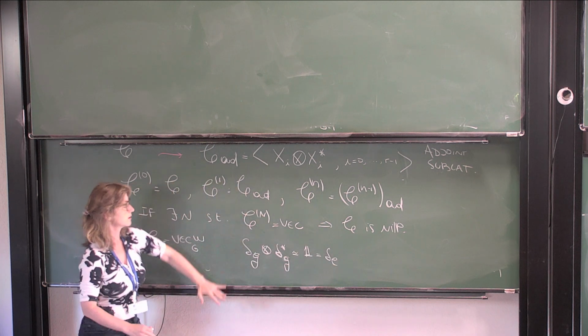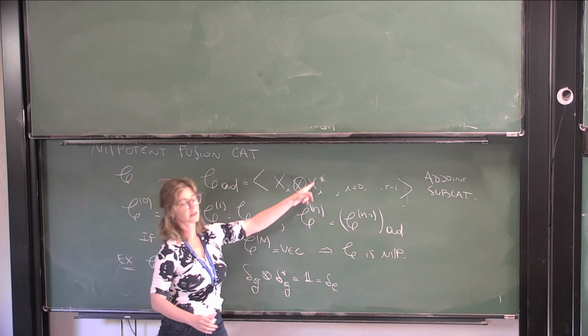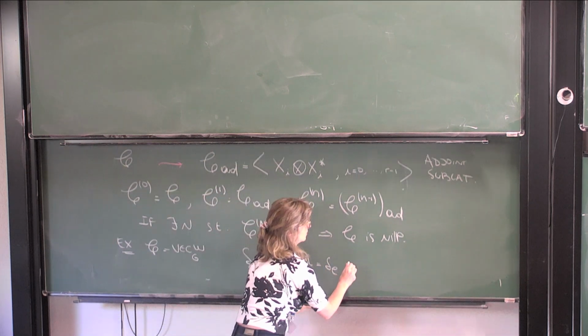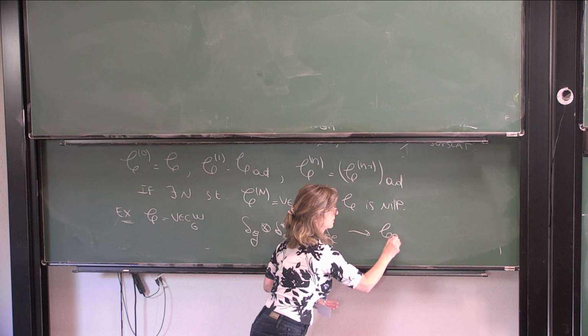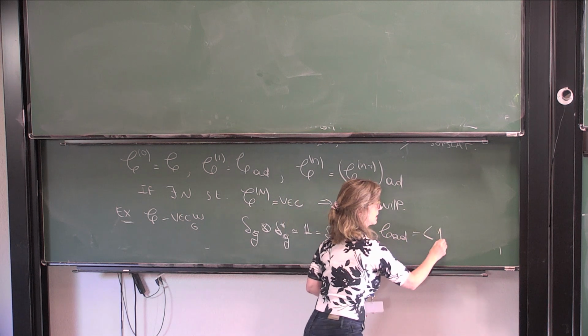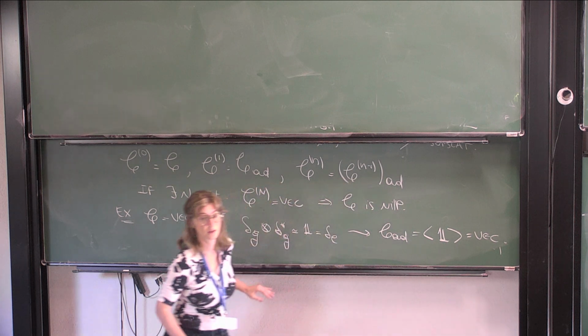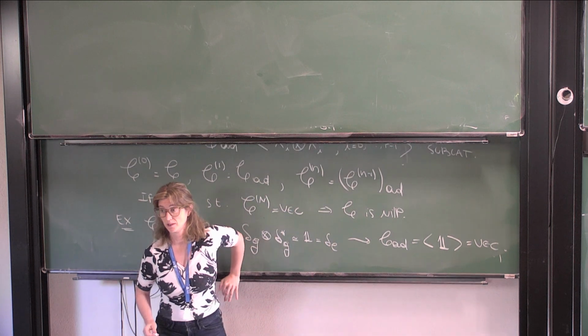So if you do this, here the only simple you have is 1. So when you do this and you look who is the adjoint of this, it's just generated by 1. So we get back. So these are the ones that are nilpotent categories.